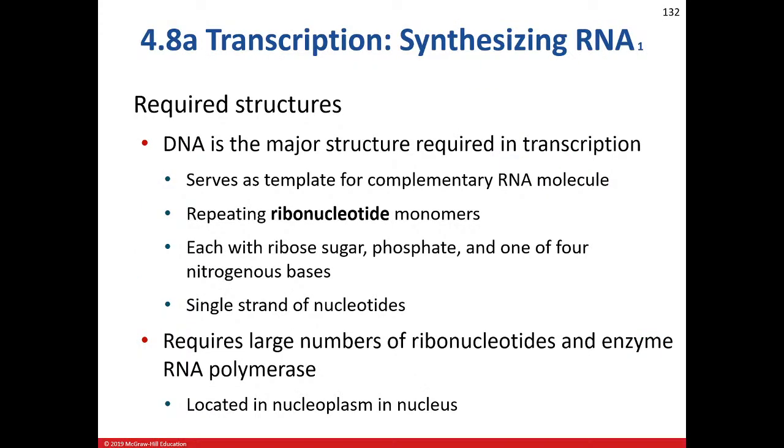All right, so DNA is the major structure required in transcription, and it serves as a template for complementary RNA molecules. So basically, we talked about the binding rules before. A binds to T, G binds to C in DNA.